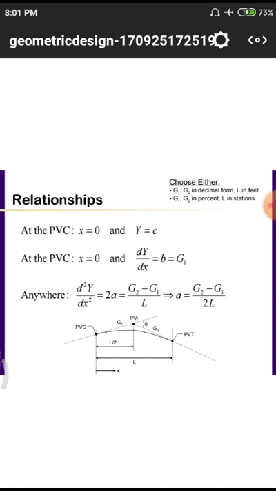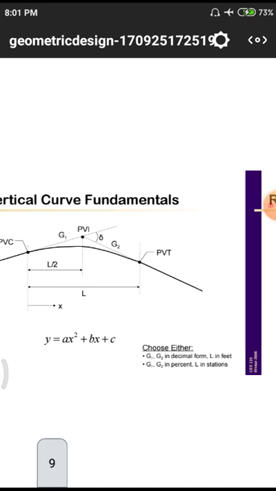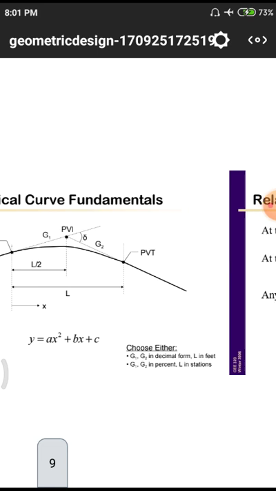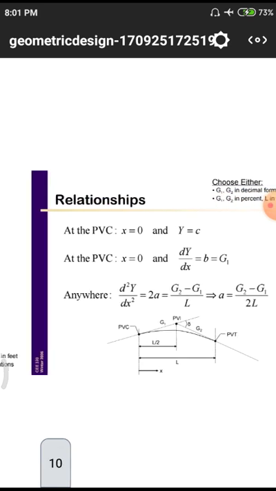Dy by dx, where x equal to 0, from ax square plus bx plus c. Differentiating ax square, x square gives x, we get 2ax, and bx gives 1 and c gives 0, so with respect to x we are getting b, otherwise b also 0.